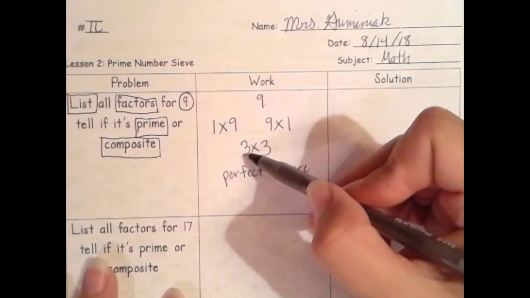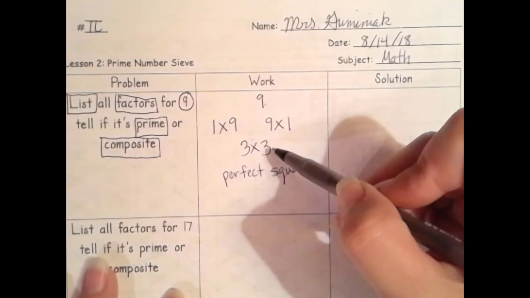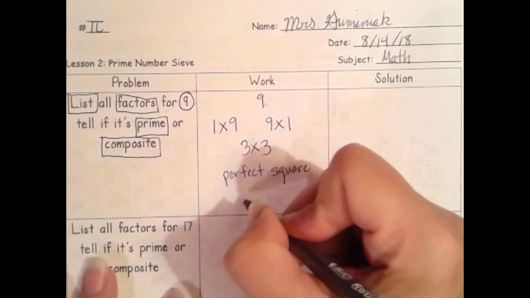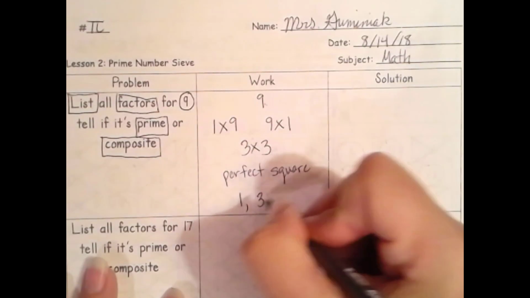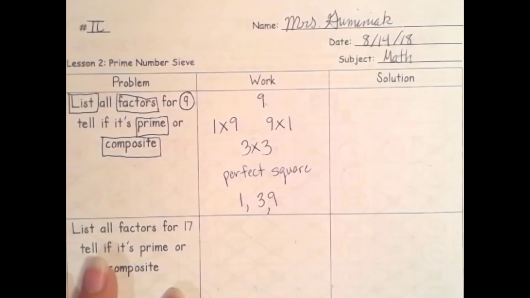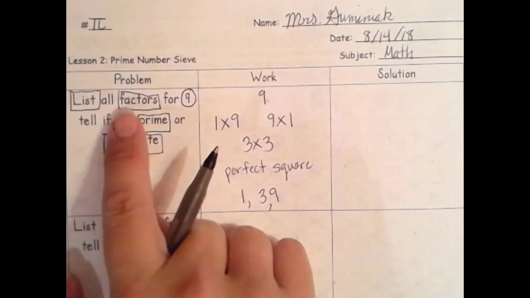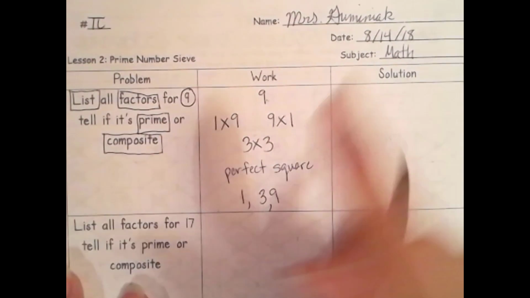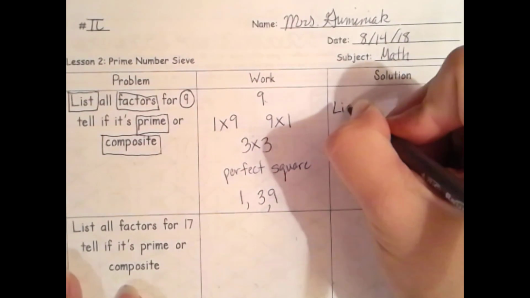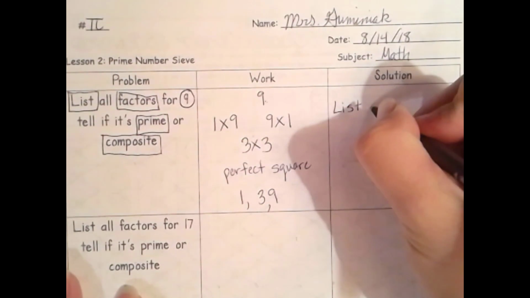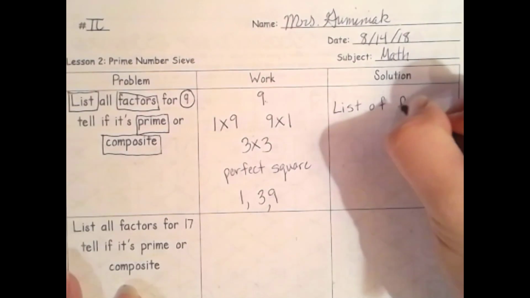So is there any other counting numbers between 3 and 3? No. So we have found all the factors: 1, 3, and 9. We always list our factors from least to greatest. So the first step is to list all factors.